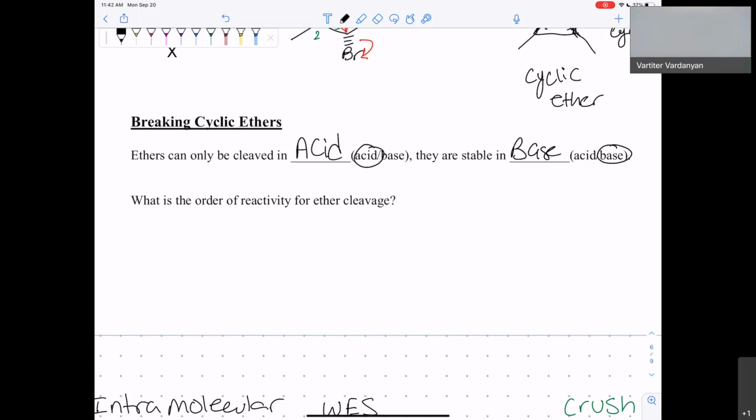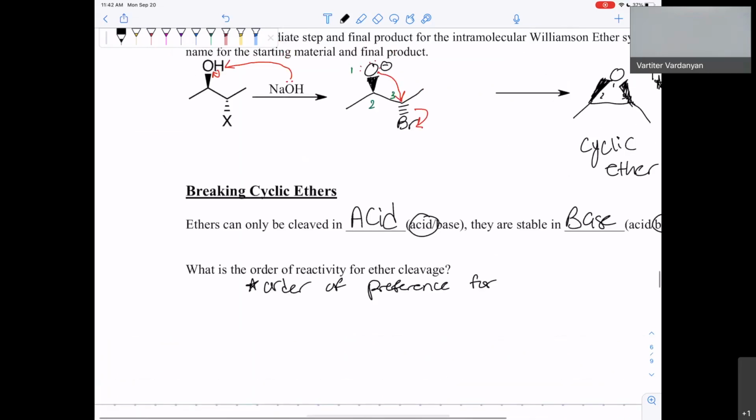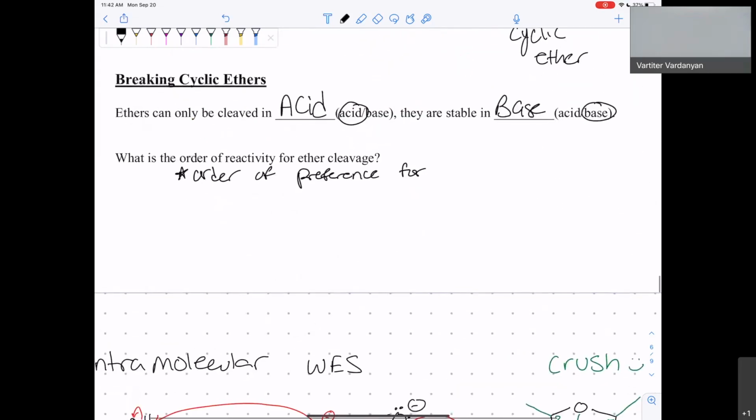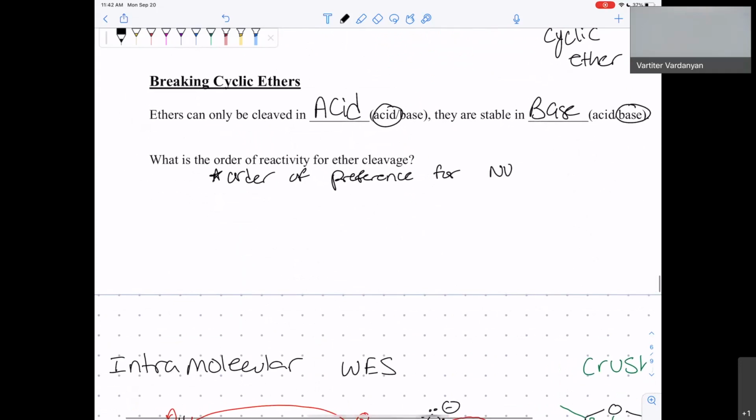Having an acid versus a catalyst is going to influence your nucleophile to attack a certain way. I'll show you exactly what I mean by that. The order of reactivity just refers to the order of preference.